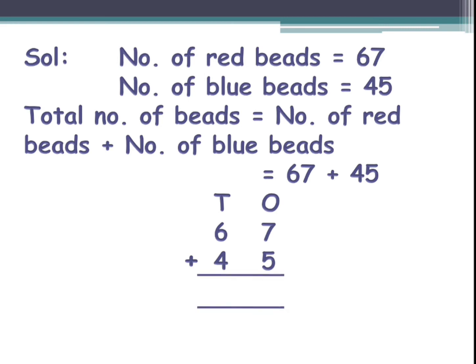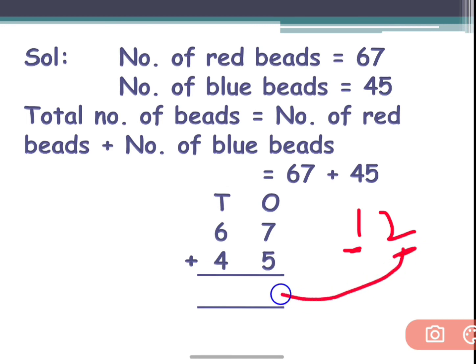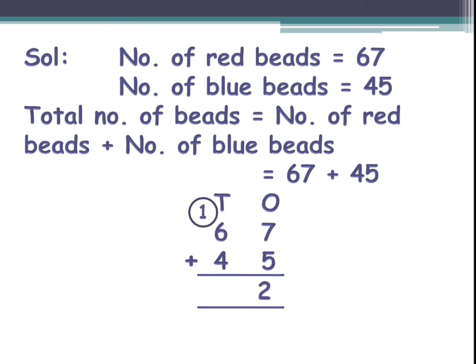Now start from the ones place. 7 plus 5. So 7 in your mind, 5 on your fingers. After 7: 8, 9, 10, 11, 12. 12 again, isn't it? 12 means 1 ten and 2 ones. So 2 you will write under ones and 1 you will carry to the tens.